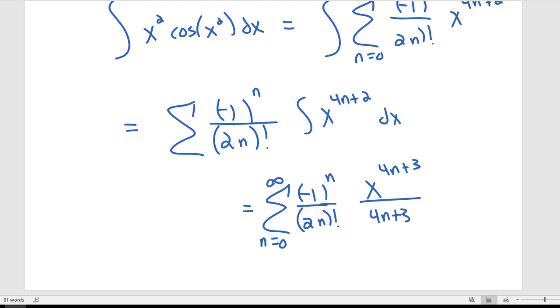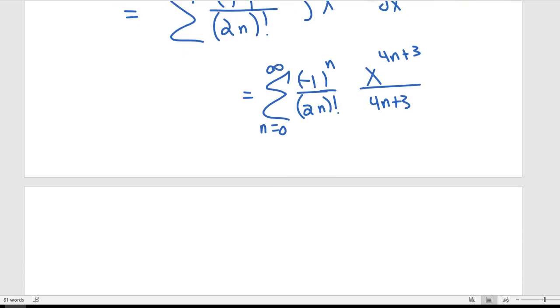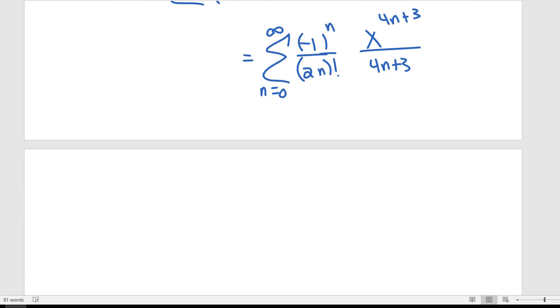So let's do that real quick. Let's use the first 5 terms of this series to estimate the integral.